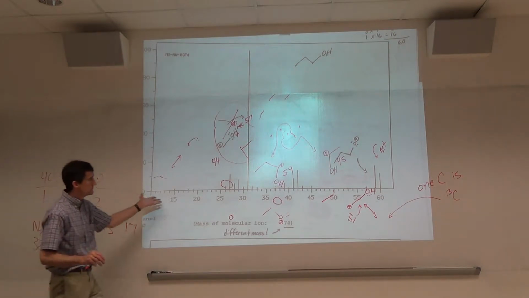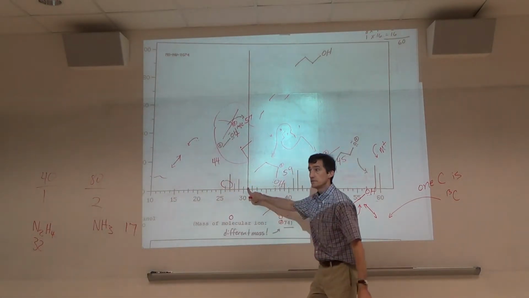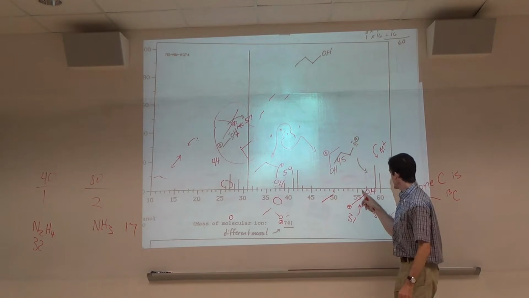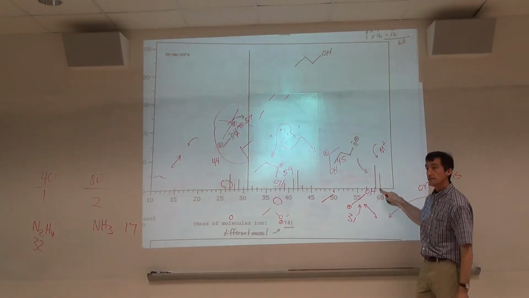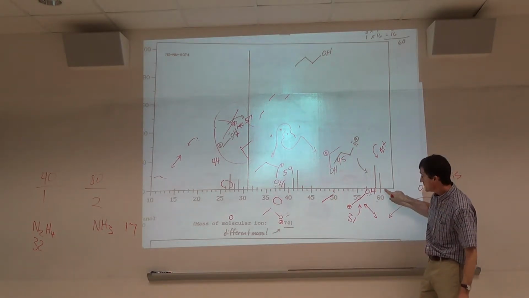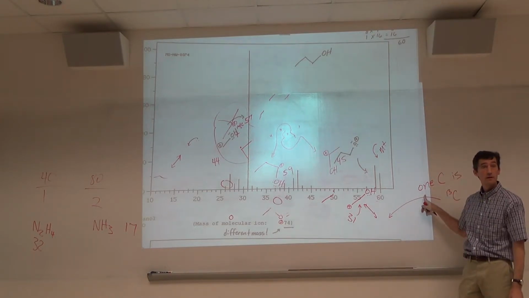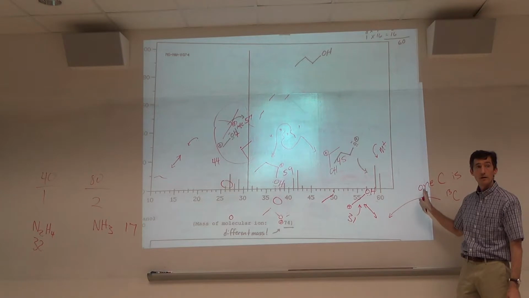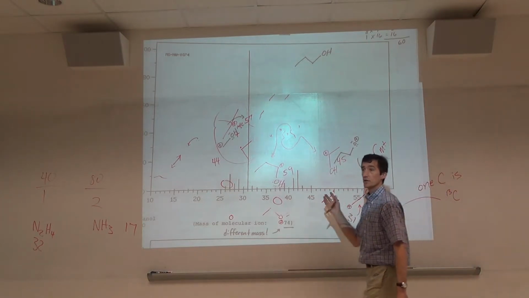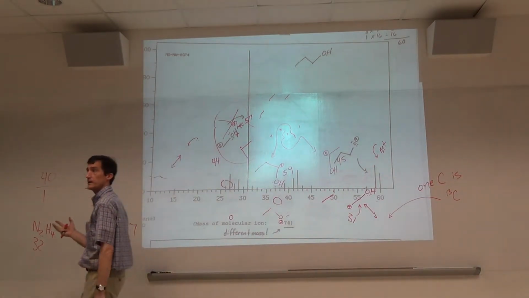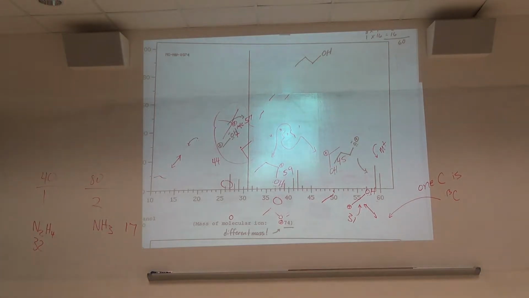Is that the molecular ion? That? Which one's the molecular ion? That? What about that little one there? Or maybe it didn't show up. You have to learn how to recognize what's a molecular ion whenever you don't know what it is. Right now we know the structure.